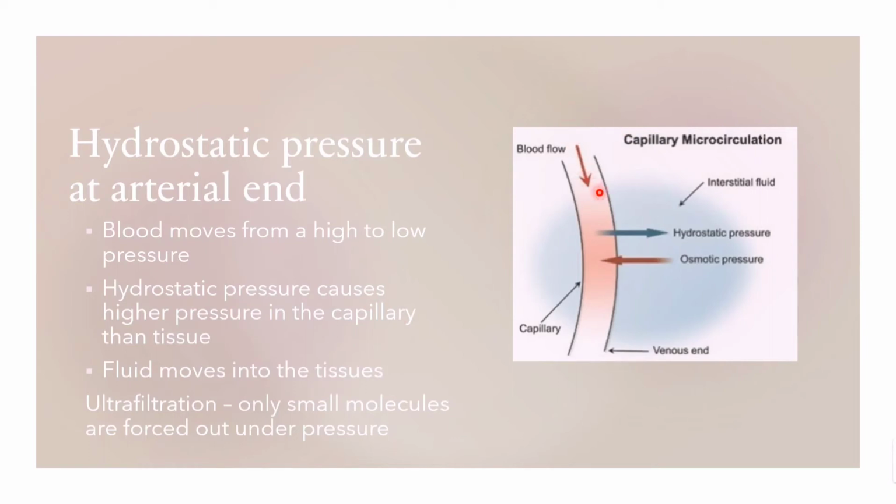So if our blood is flowing through our capillaries here, it has the hydrostatic pressure caused by the pumping of the heart. It has a higher pressure than our tissues. And this causes our fluid to move into the tissues from the blood, because our fluid moves from high to low pressure. So it will move down this pressure gradient into the tissues.